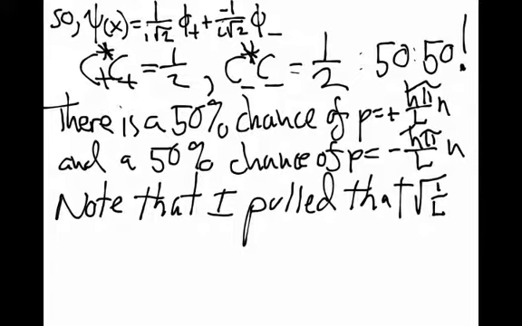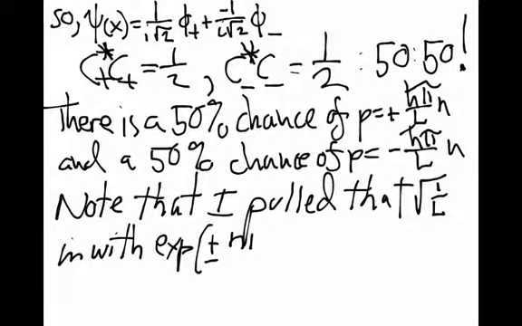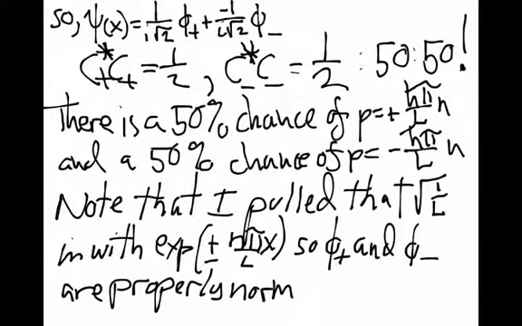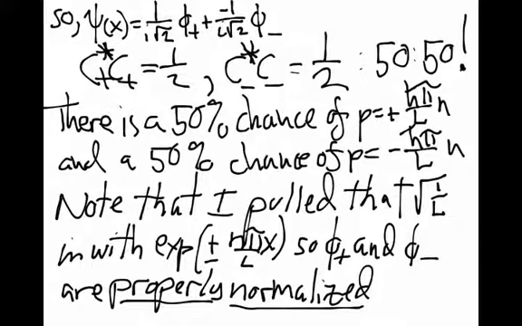Just take very careful note of the fact that I took that square root of 1 over L and made sure it stayed attached to the e to the plus or minus i n pi x over L. That was so that phi plus and phi minus, what we call basis functions, were properly normalized.